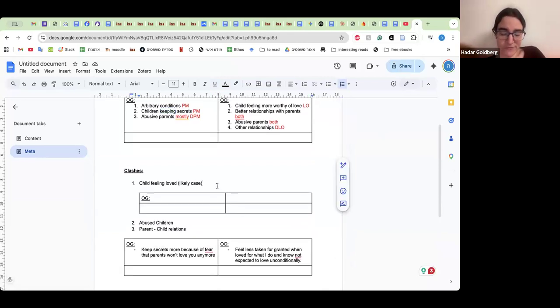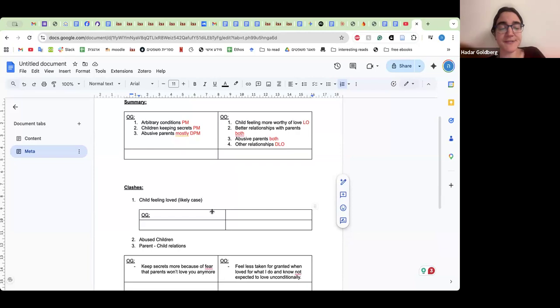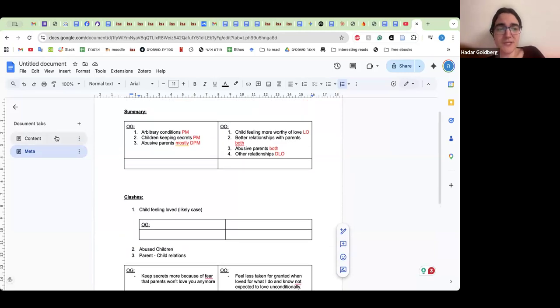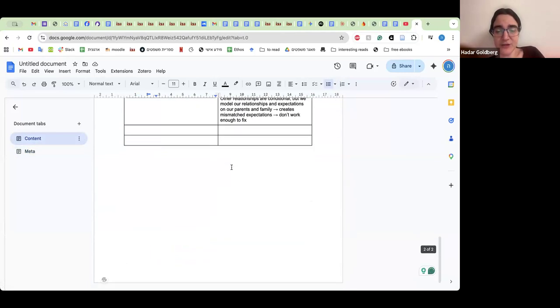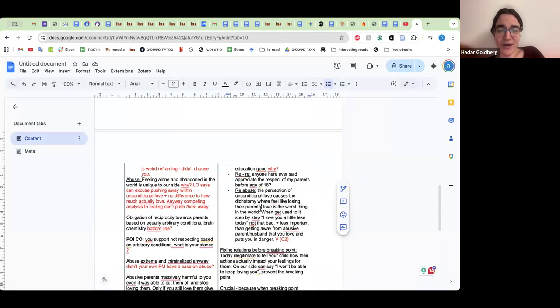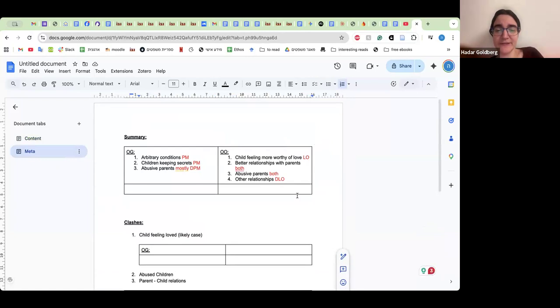I know that the first clash, for the reasons I just said, is probably leaning towards OO, because I think OG says very little on why kids will feel bad in those cases that parents don't stop loving them, but only say, I love you a little less. I know from abused children that my current leaning is OO, mostly because of the response I have in DLO, that I can write more later. But I have this intuition of, on either side, the chance of your parent stopping loving you is relatively similar.